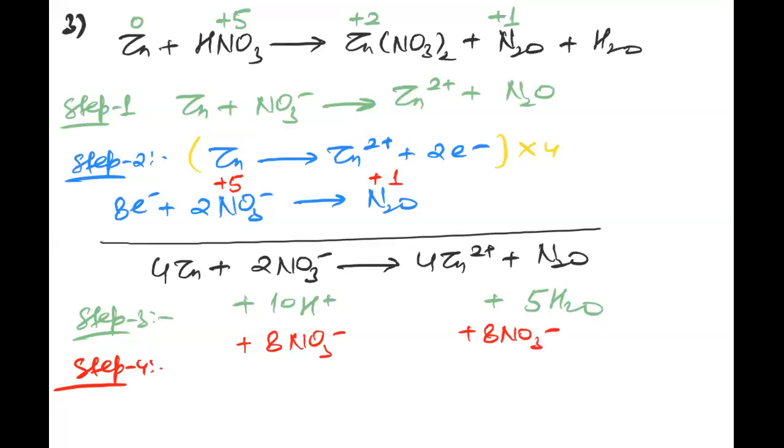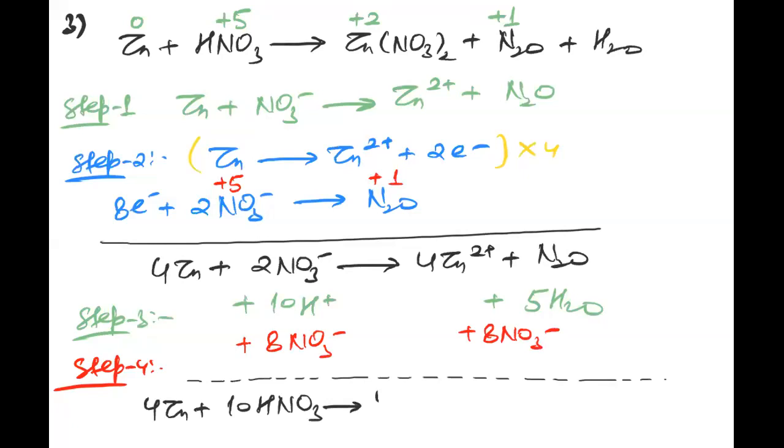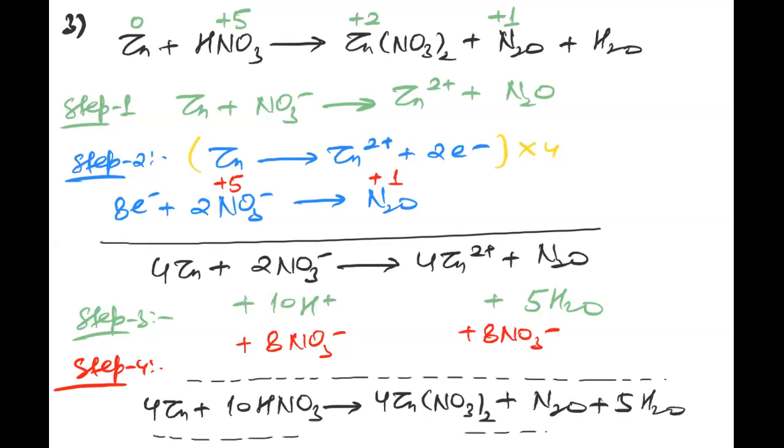The overall balanced reaction should be 4 zinc plus 10 HNO3 converting to 4 zinc nitrate plus N2O plus 5 H2O. So this is eventually the balanced redox reaction here.